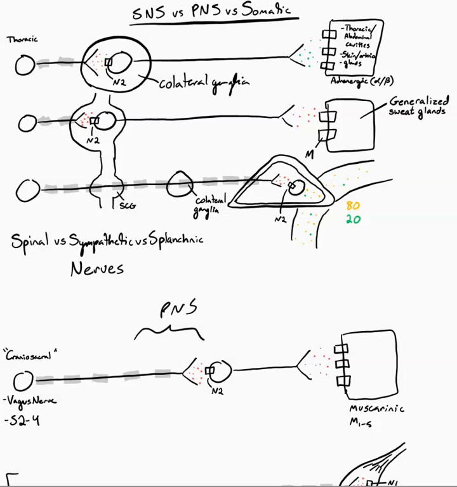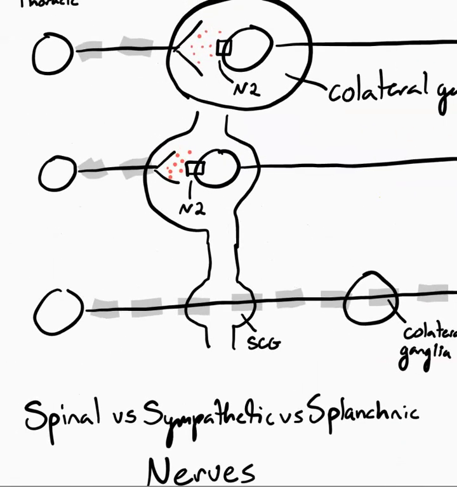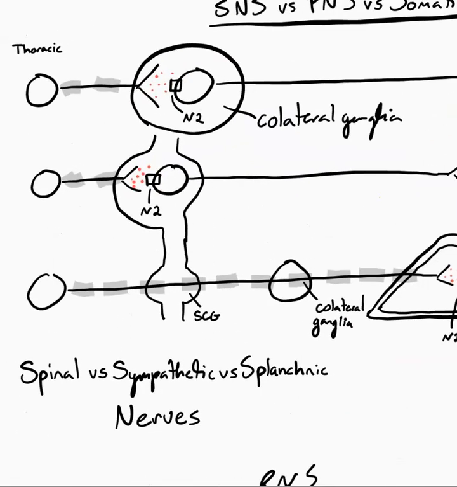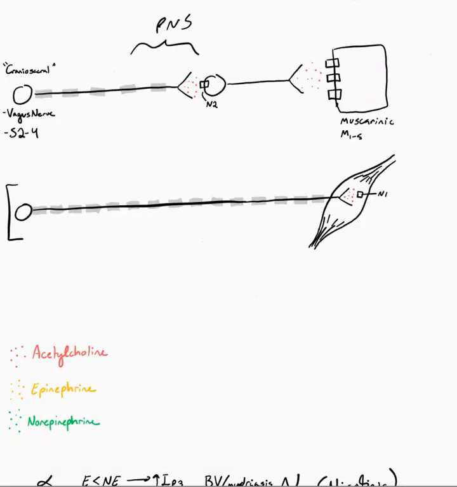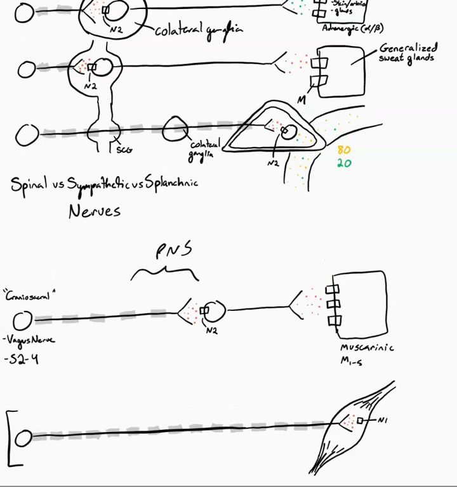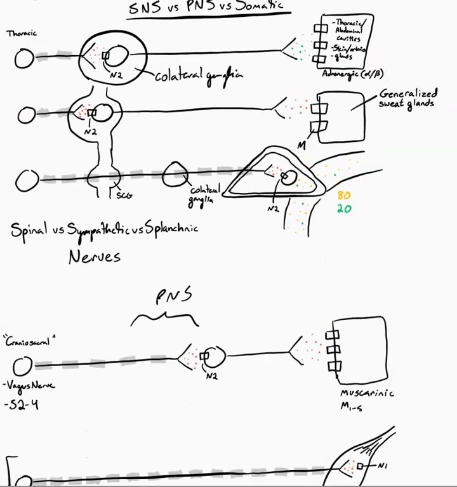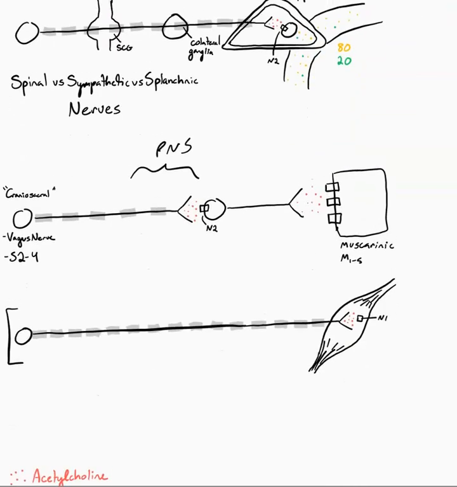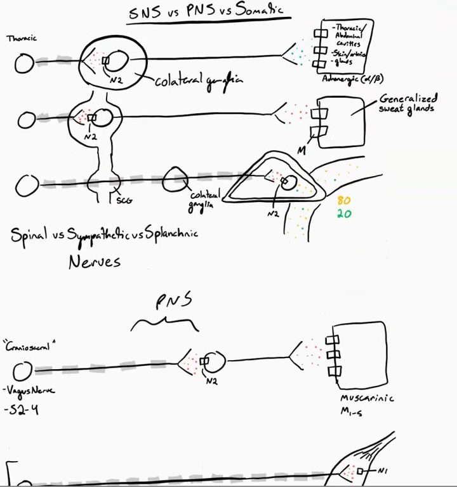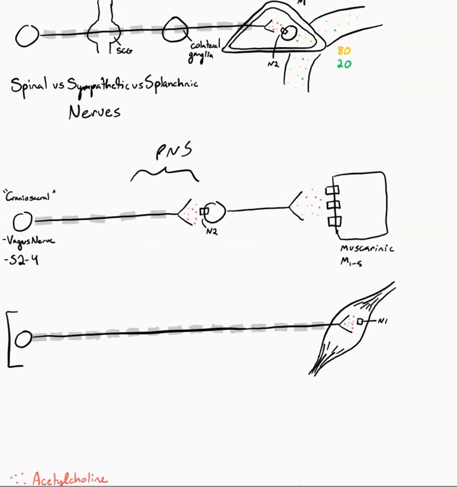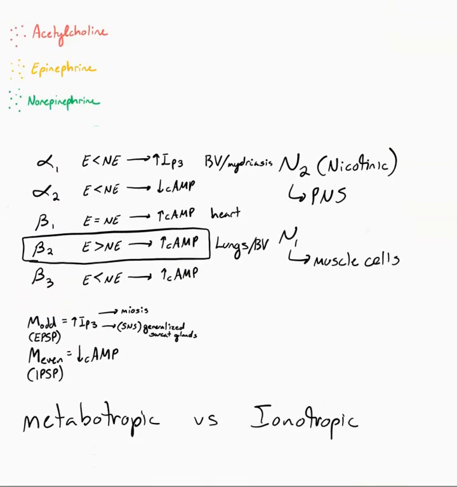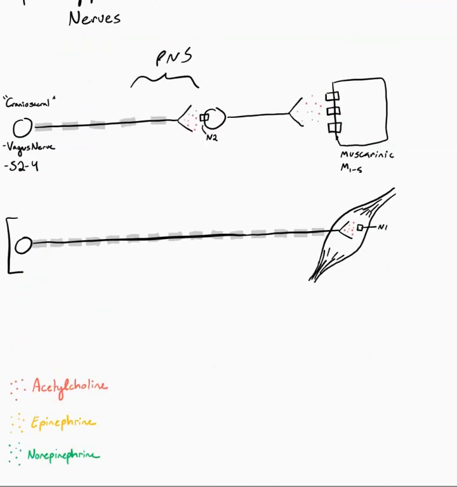And so each presynaptic neuron within sympathetic and parasympathetic releases acetylcholine. And acetylcholine is going to bind to the postsynaptic neuron, which each and every one of those also has an N2 receptor, a nicotinic 2 receptor, and all the nicotinic receptors are considered ionotropic.